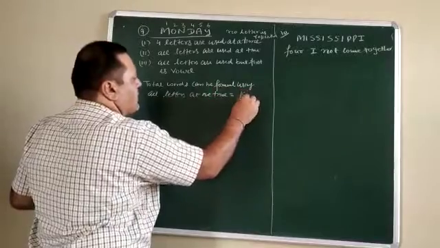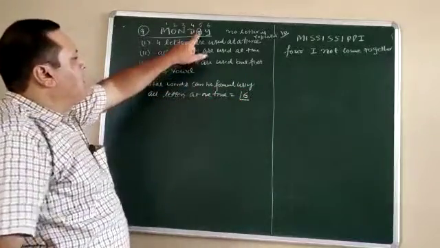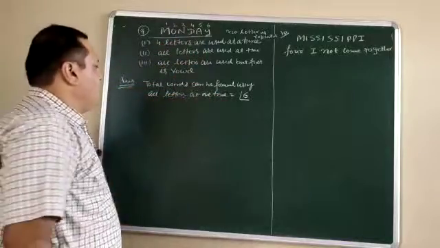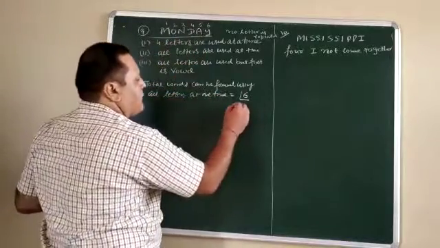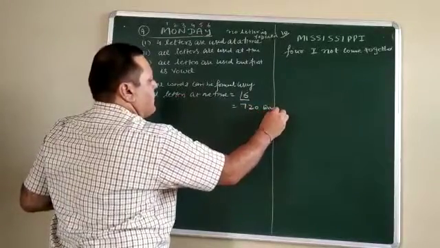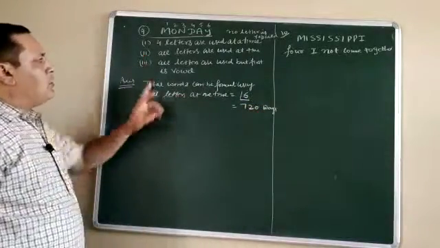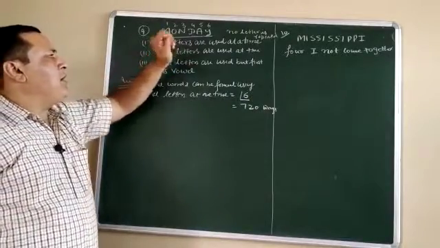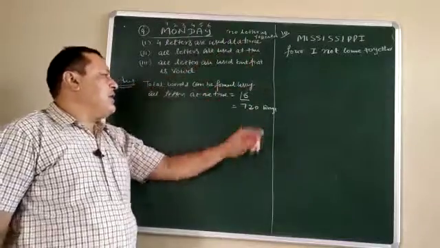That is 6 factorial, because there are 6 letters and we can use all the 6 letters, therefore it is called 6 factorial, which equals 720 ways. It is the first part of the question. Total number of words that can be formed using these 6 alphabets in which no letter is repeated.